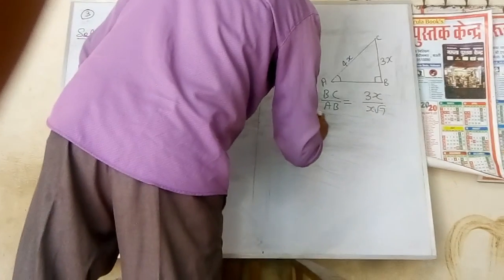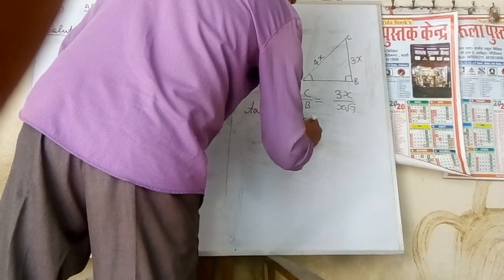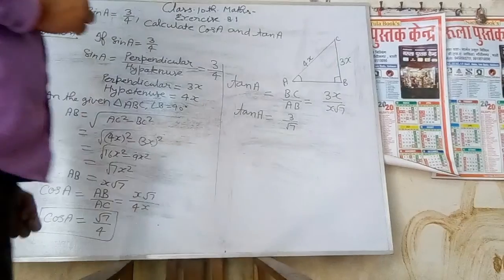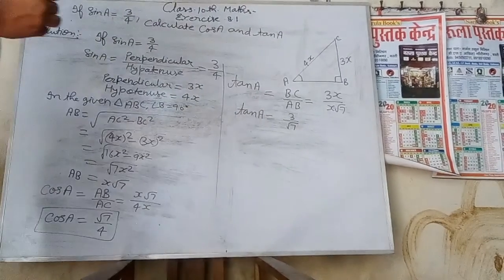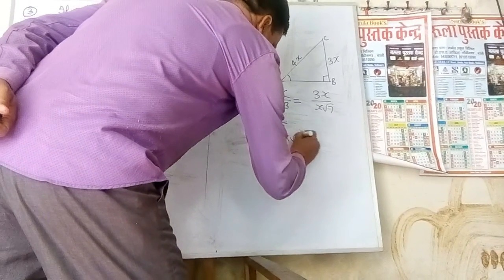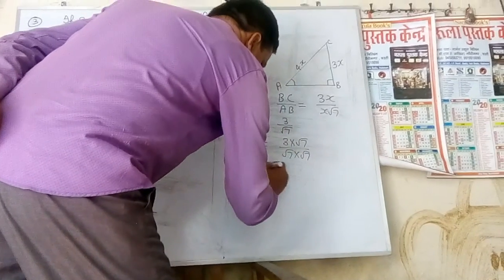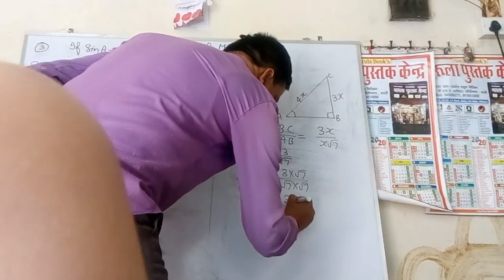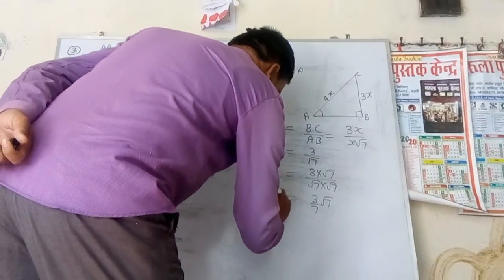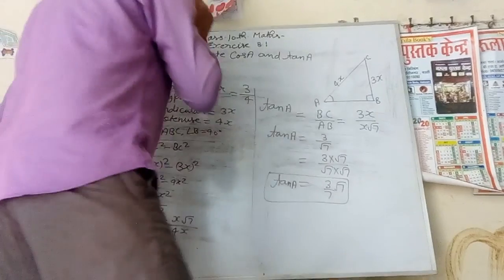Tangent of angle A equal to 3 upon under root 7. If we rationalize the denominator, under root 7 into under root 7 equal to 7, so this is the value of tangent of angle A for this given triangle.